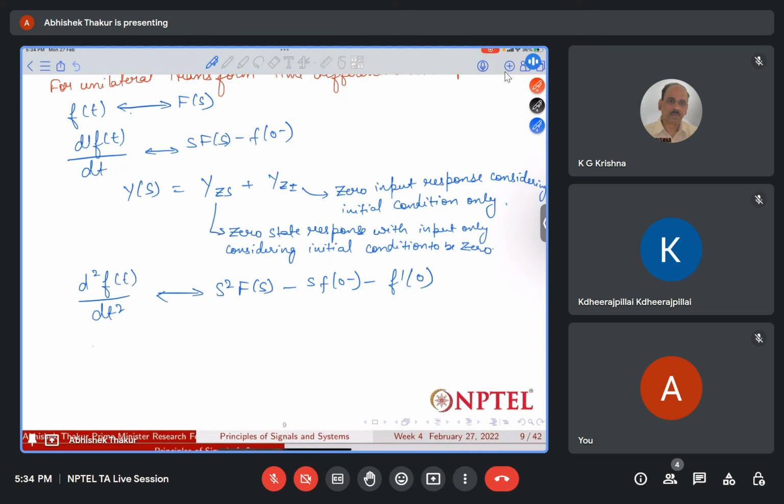And if it is of order 3, like d cube f(t) divided by dt cube, that will be s cube F(s) minus s square f(0) minus s f dash 0 minus f double dash 0. These formulas are applied when some initial conditions are given, like in an inductor and capacitor, which do not allow sudden change in current and voltage. So in that condition, these are used.